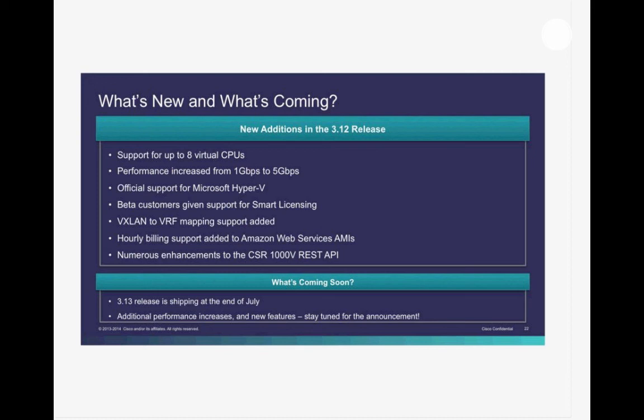And we talked about VXLAN. What we added in 3.12 now is kind of a multi-tenant version of VXLAN. So not only can the CSR talk natively to VXLAN on the network, it can actually take VXLANs and map them into specific VRFs.